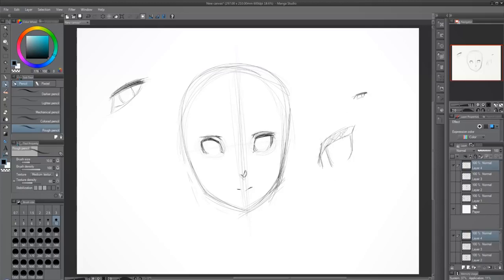So that's where the eyelash would be. Maybe you see some eyelashes. And then we get the iris. Now, usually the iris is pretty big because we've increased the size of the eye. But if you pay attention to this anyway, you'll notice the eye's not that big.